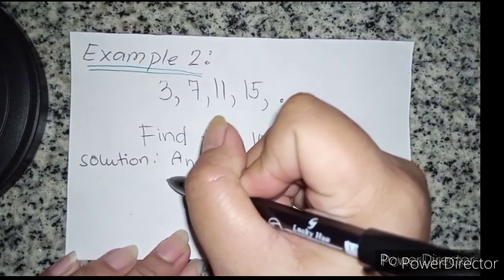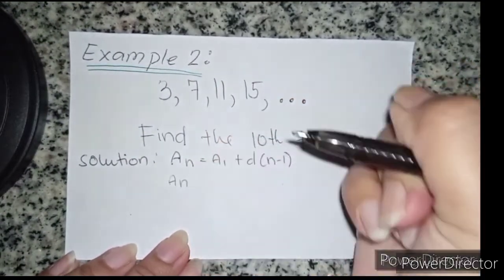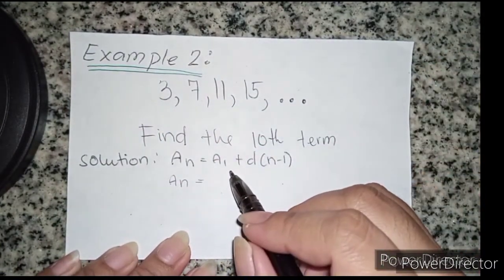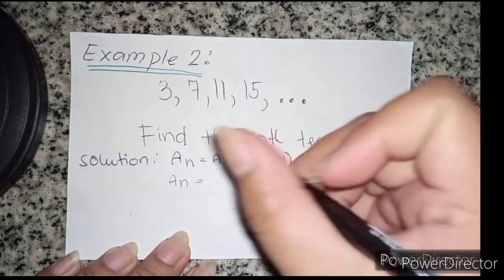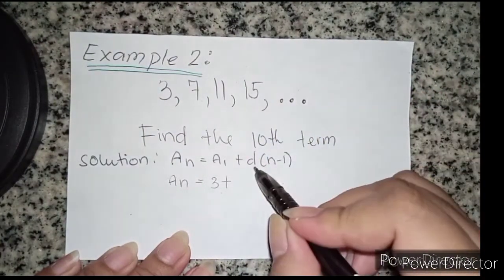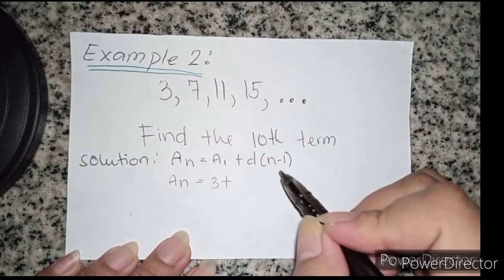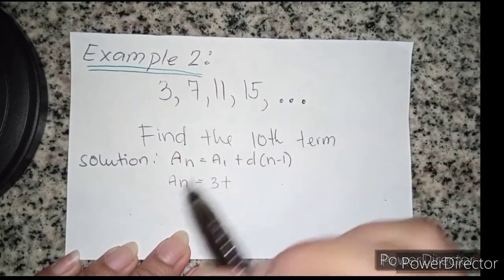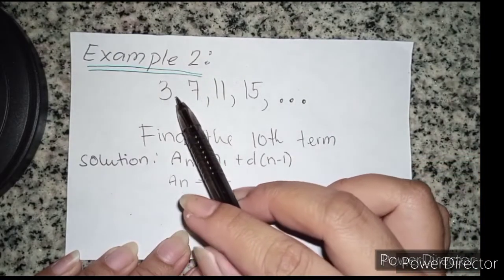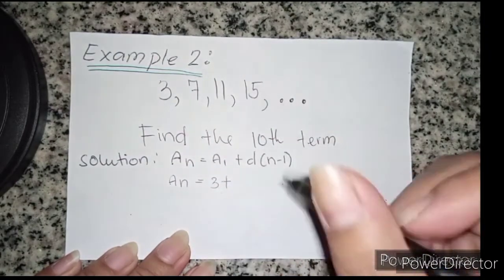So let's rewrite: a sub n is equal to a sub 1, the first term. Our first term is 3, plus d. The d is the common difference of our terms. So the common difference of our terms is 4.